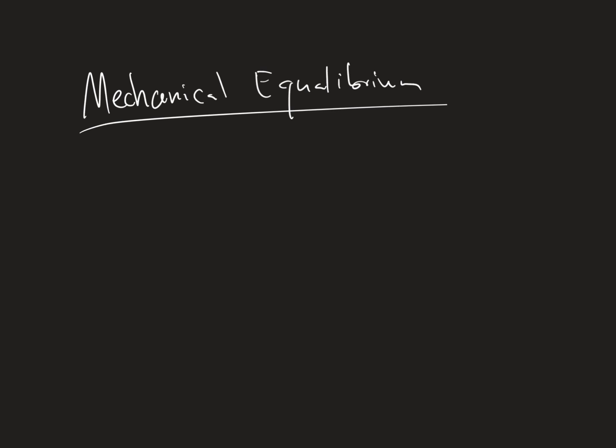Okay, so mechanical equilibrium states that no physical changes occur. But let's just sum it up. It means the net force equals what, Mallory? Yeah, net force equals 0 newtons. What else does it mean?